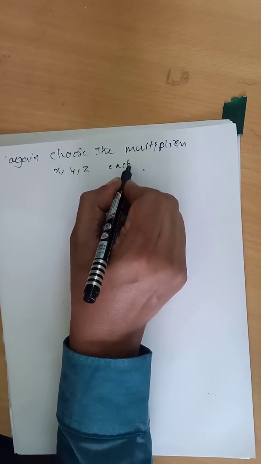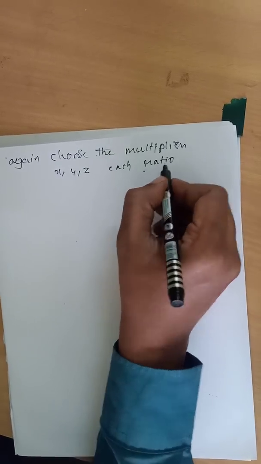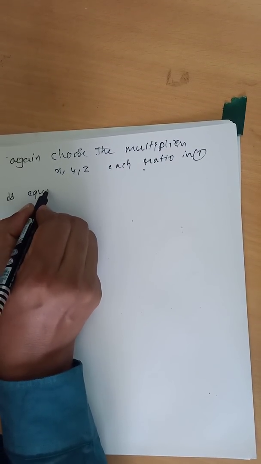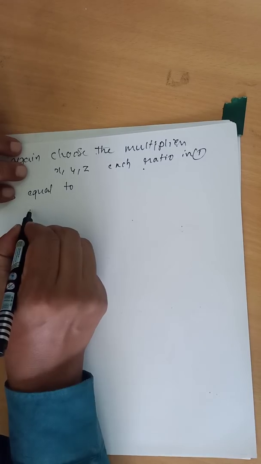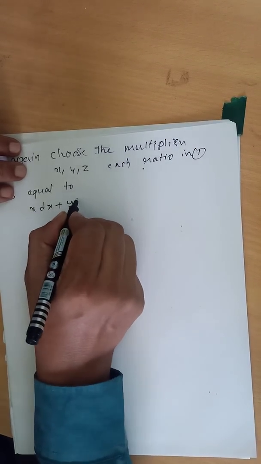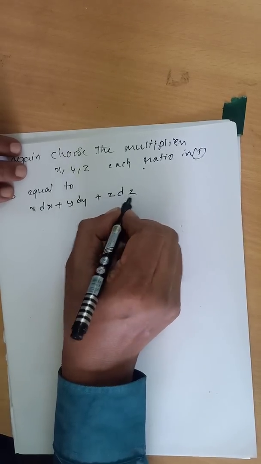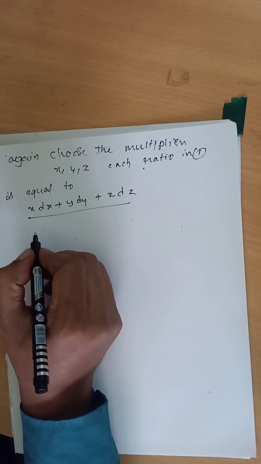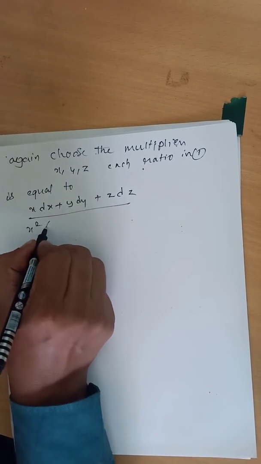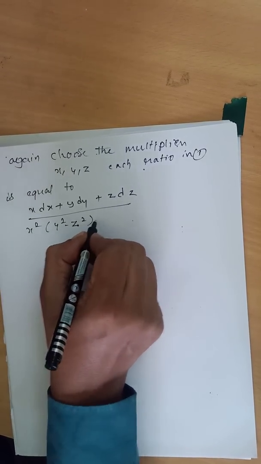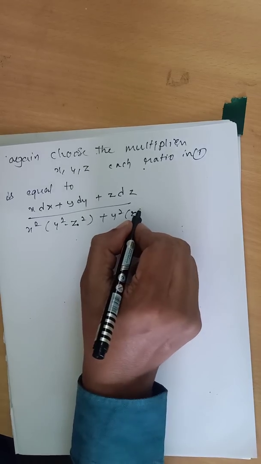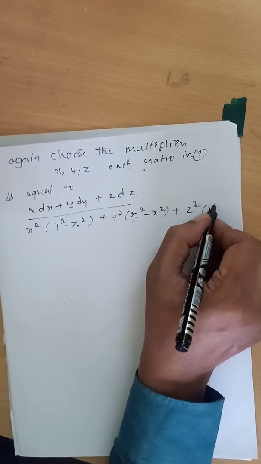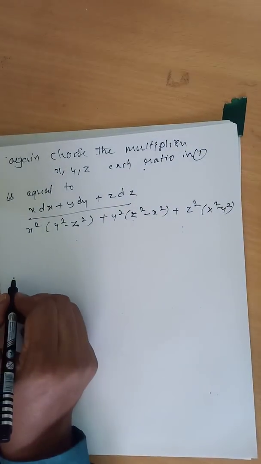Each ratio in equation 1 is equal to x dx, y dy, z dz divided by x into x(y² − z²) plus y into y(z² − x²) plus z into z(x² − y²).